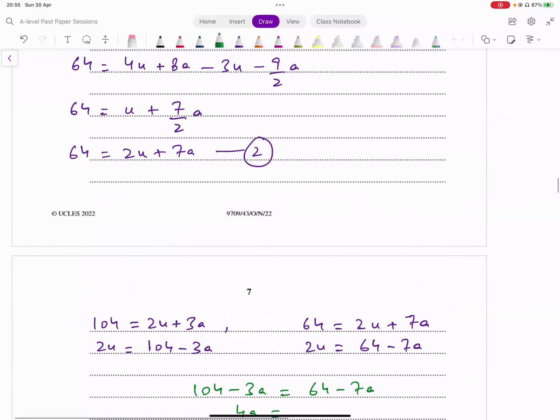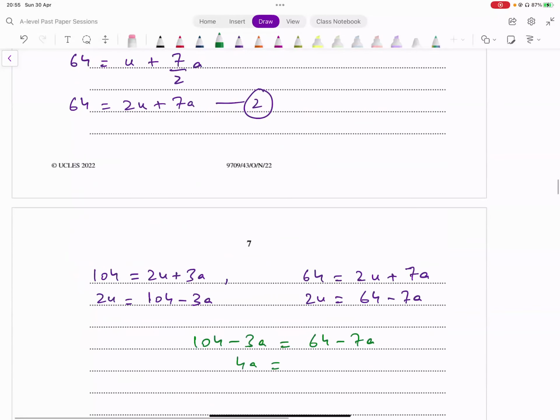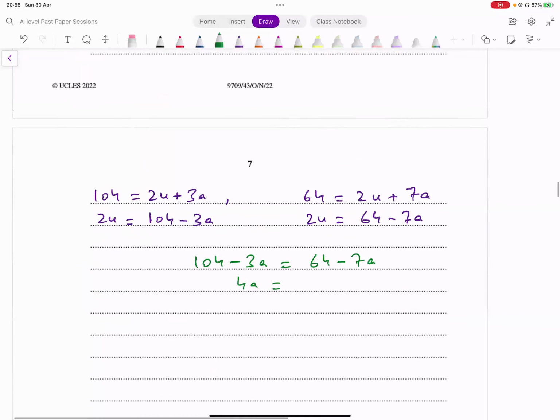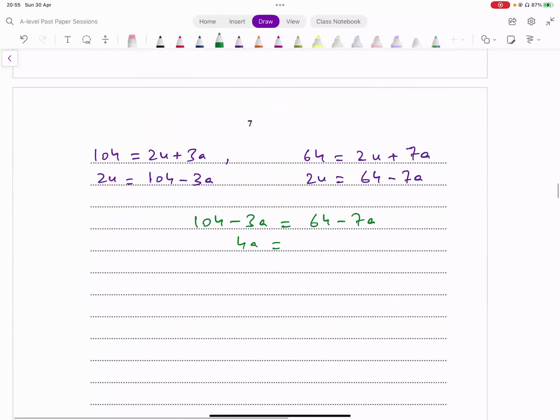104 is fine, or 64 equals 2u plus 7a. When we equated them, okay, so I did, no, that's okay. 104 minus 3a, that is fine as well. And on this side we have 64 minus 7a. A comes here, that becomes 4a. यहाँ से हमारे पास a की value आती है.